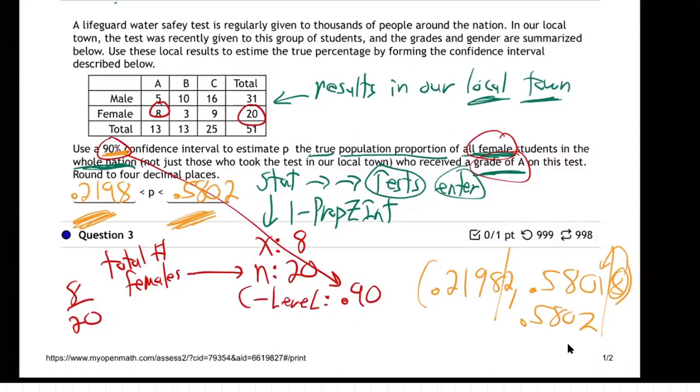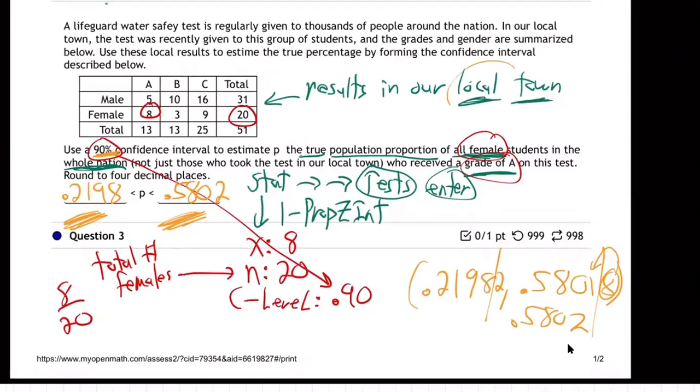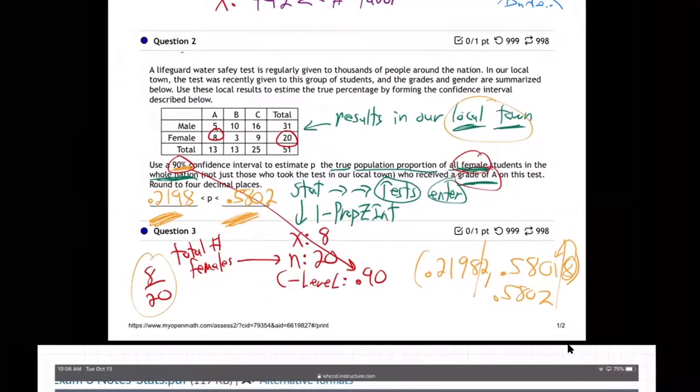That's a pretty wide interval. That's not really saying much, is it? And that's based on the fact that in our local town, 8 out of 20 females got an A on the test.